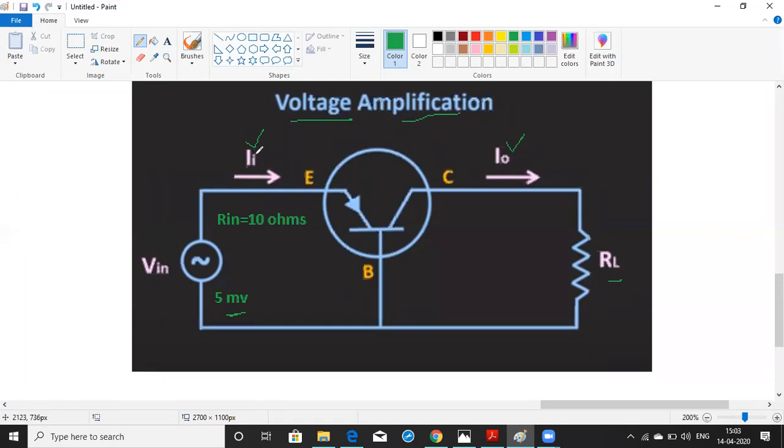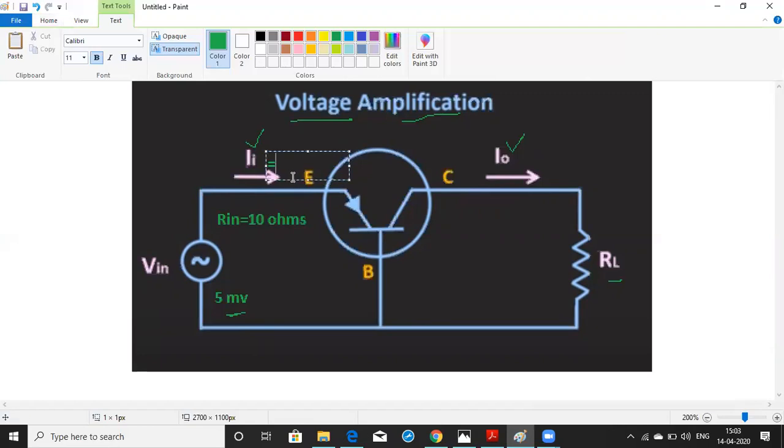If you want to calculate the current, I is equal to V by R. Let me calculate the value of I. Sorry, it is V by R: 5 millivolts divided by 10 ohms, so you will get 0.5 milliamperes.